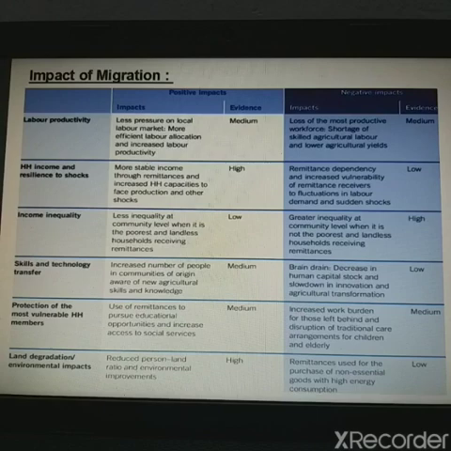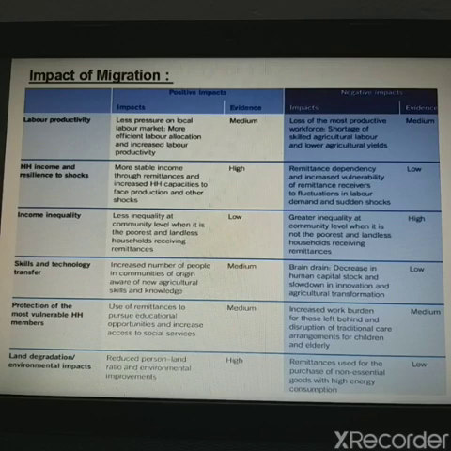So these are some positive and negative impacts, where migration has some positive impacts and some negative impacts also. One more example of positive impact you can see: reduced person-land ratio and environmental improvements. Negative: remittance used for the purchase of non-essential goods and high energy consumption.